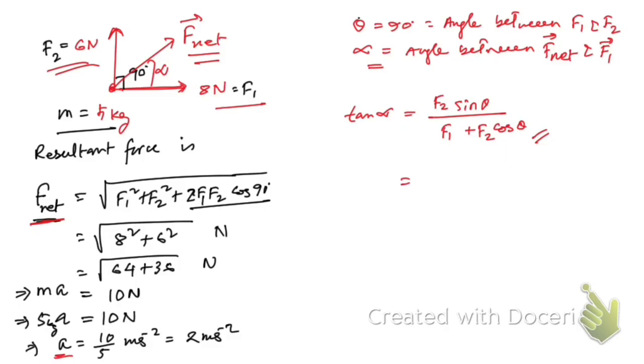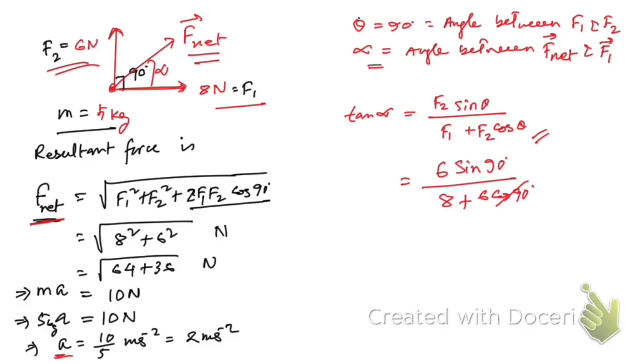So F2 is 6 Newton, so 6 sin 90 by F1, which is 8, plus F2, 6 cos 90. Cos 90 is 0, so that term is going to be equal to 0.